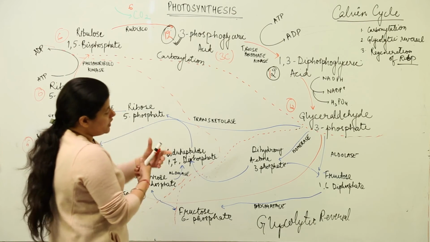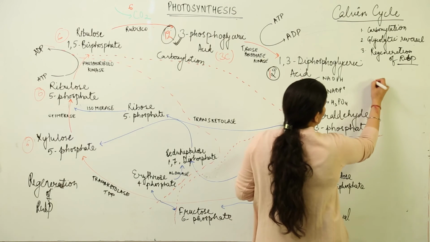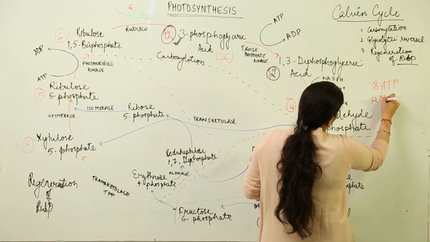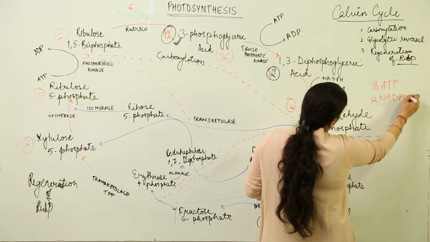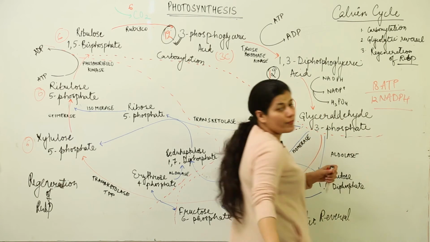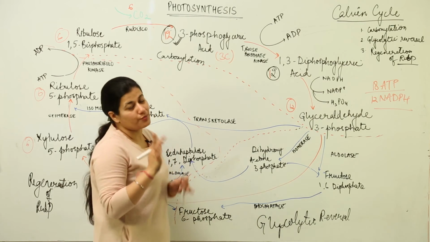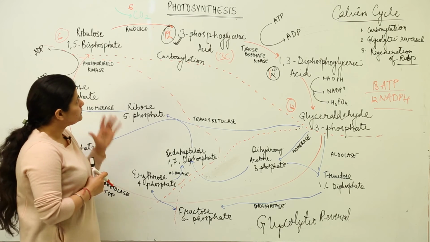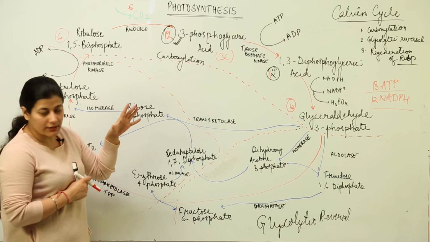So in total, there is usage of 18 ATPs and 12 NADPH for formation of 1 glucose molecule. Please remember this. So this is all you have to remember in the process of Calvin cycle.